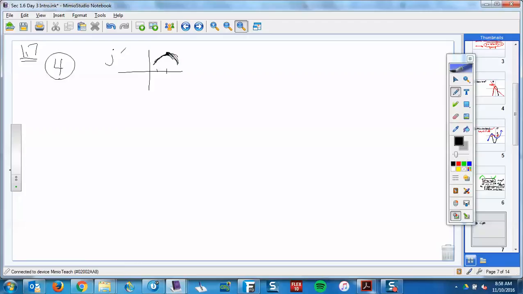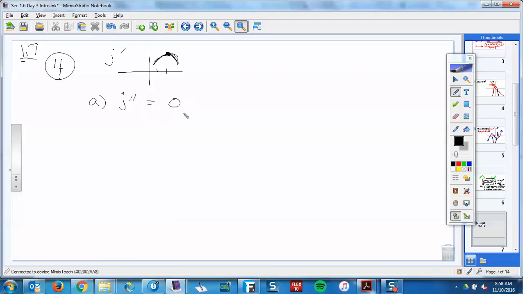Right? You with me? This is on page 68. So j prime has a local max at 2. What does this imply about j double prime? Doesn't it have to equal 0?